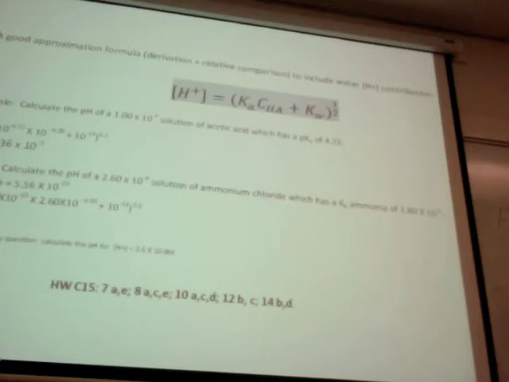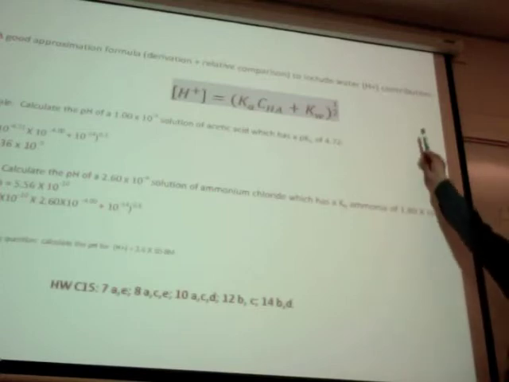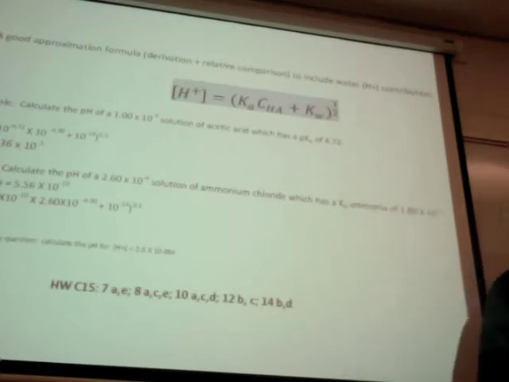Okay, so here is, after derivations and comparing the magnitudes and all that, the approximation formula in water. This becomes a useful approximation formula, so I would like you to memorize that, which is not much to do.